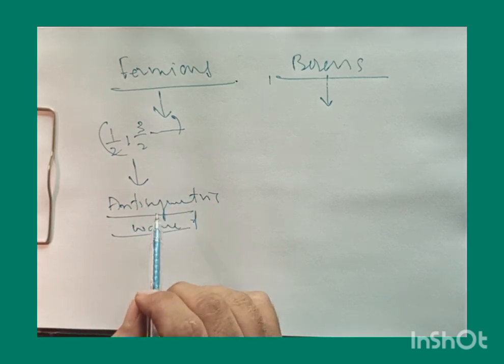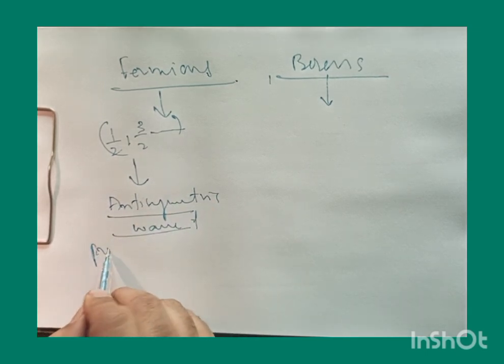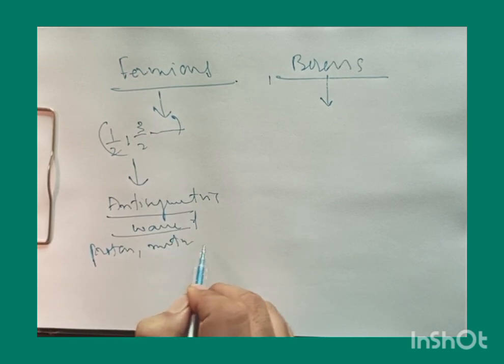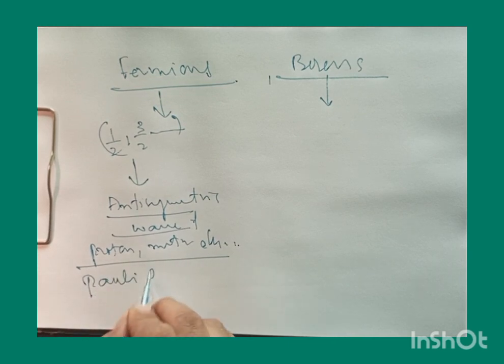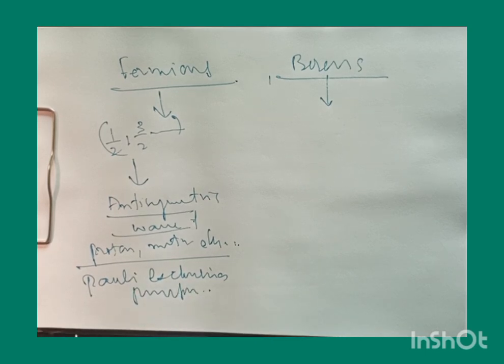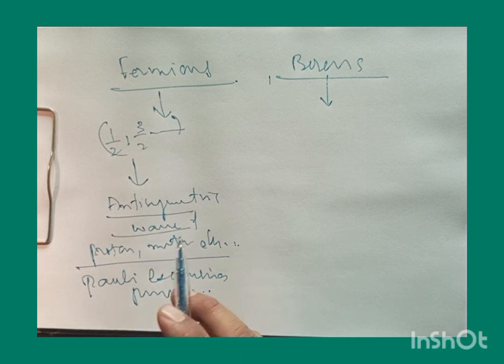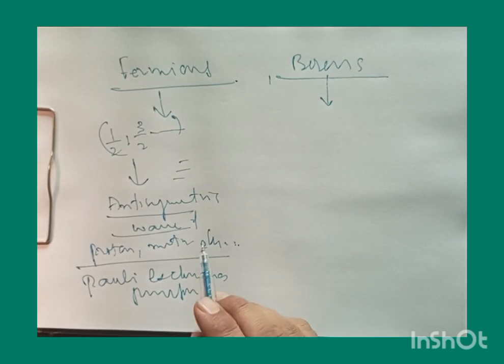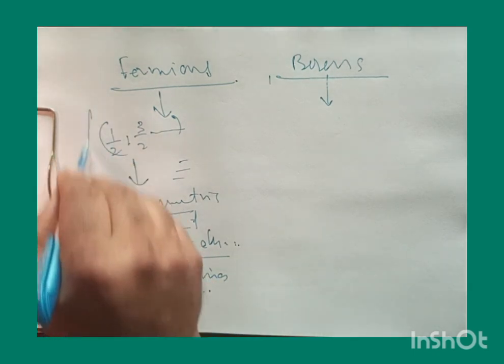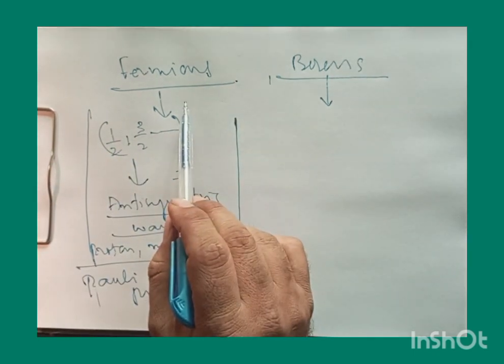Such particles include protons, neutrons and electrons. They obey Pauli's exclusion principle. That's why when they move in a common force field, each member of the system must be in a different quantum state. These particles of odd half integral spins are often referred to as fermions.